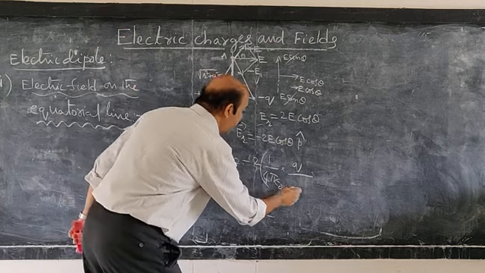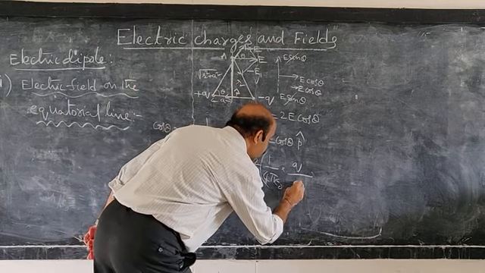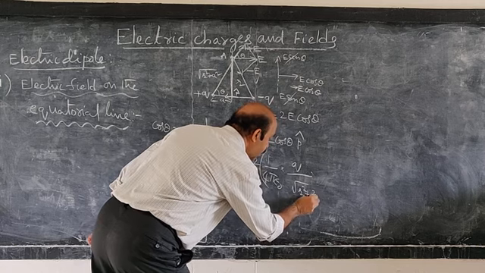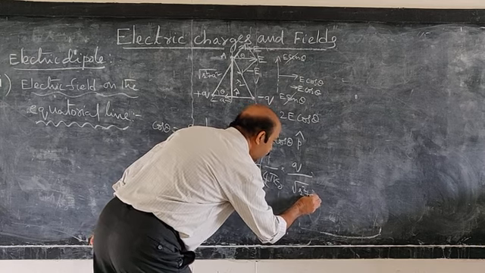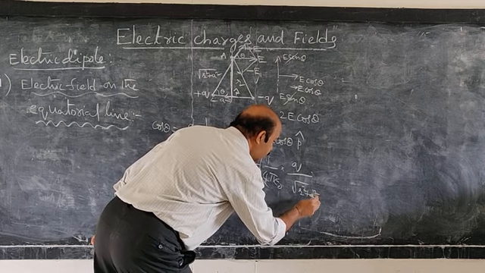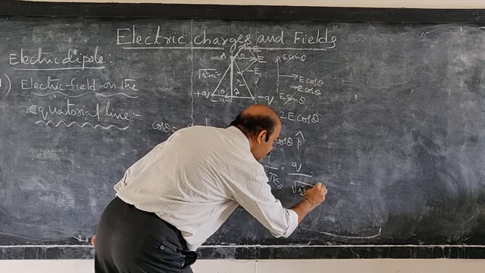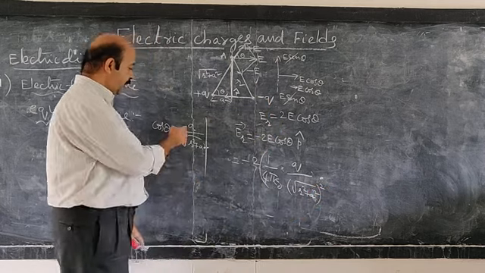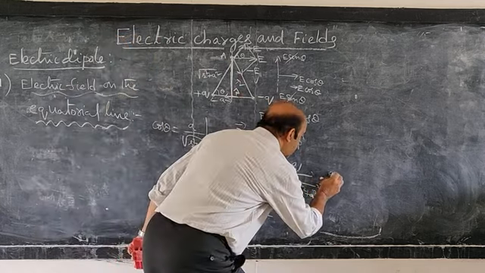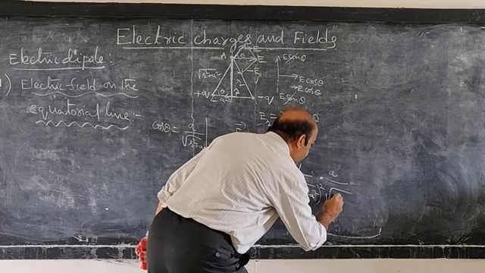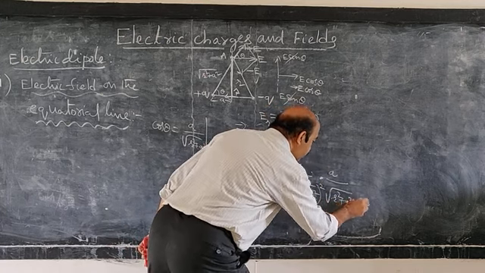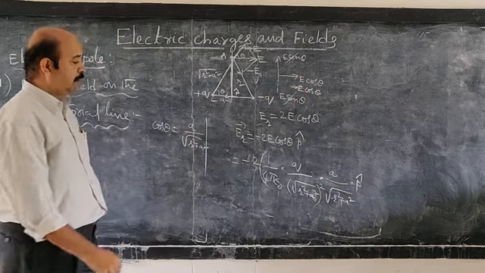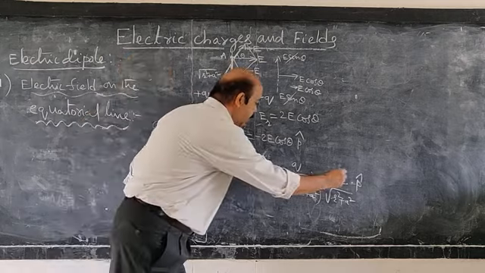So the square of square root of r square plus a square, into cos theta. Cos theta means a by root of r square plus a square, into p cap. So that is the resultant equation.